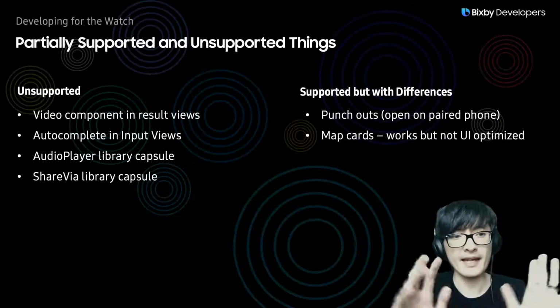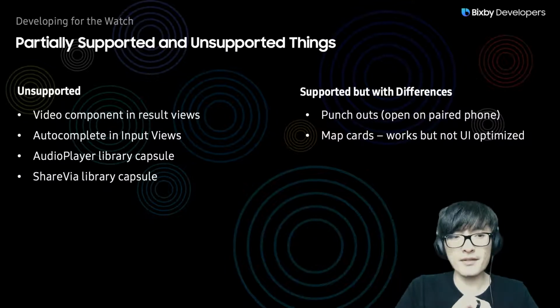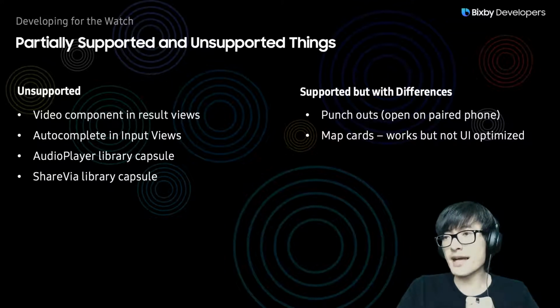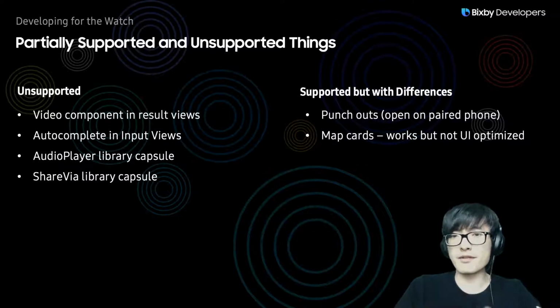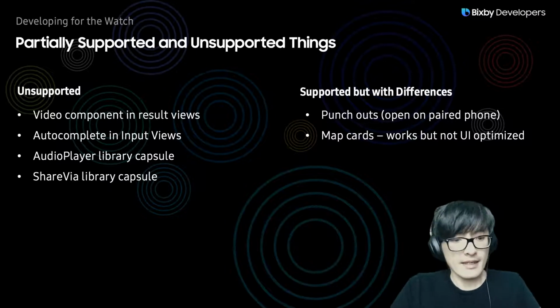I don't know why I'm explaining that. And audio player library capsule as well. The watch won't be able to stream audio through the audio player. And finally, the share via library capsule does not work on the watch either. So let's say you wanted to share something through the watch, you won't be able to send your best friend a meme you just made.